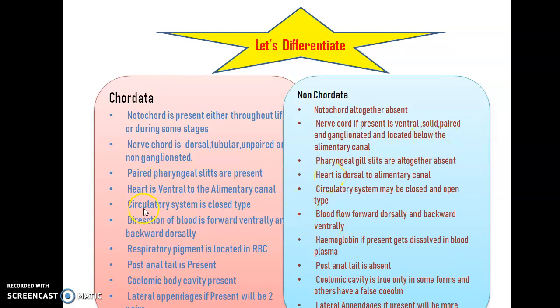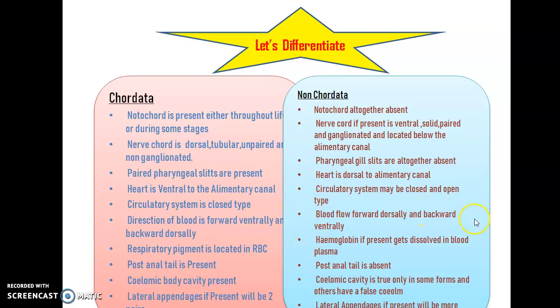Then the circulatory system. We know that all chordates have a closed type of circulatory system, indicating closed blood vessels like arteries and veins along with a true heart. While in the case of non-chordates, it is present in both open and closed states, right?